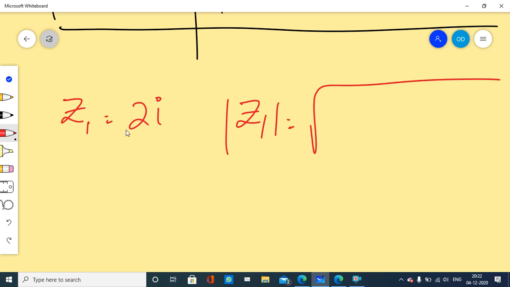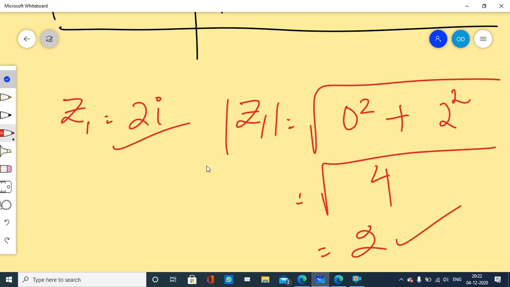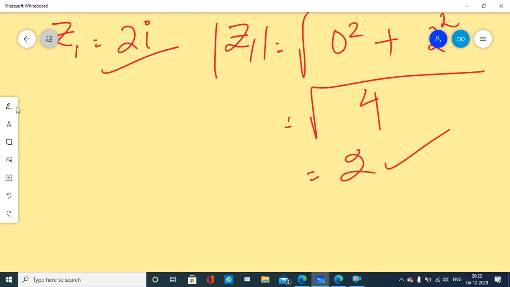Sir, 0. Its real part is 0. So 0 squared plus the imaginary part squared. What's the imaginary part here? 2. Well, the square of 0 is 0, the square of 2 is 4, 0 plus 4 is 4, and the square root of 4 is equal to 2. It will give you the non-negative square root of 4, 2. So the modulus of 2i is 2. Keep that in mind.